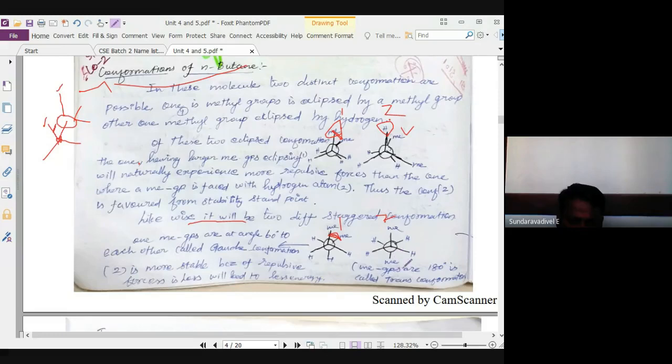This is a trans conformation. This structure is the most stable one because the methyl groups are at 180 degree separation, which is called the trans conformation. That's why this is the most stable in n-butane.